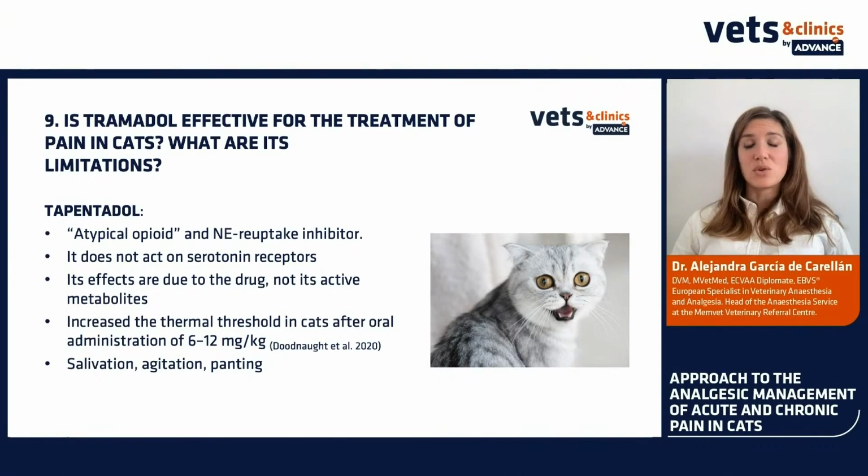It increases the thermal threshold in cats after oral administration, and the dose is higher than Tramadol. So it's another option that is getting explored. It also causes salivation, agitation, and panting, like Tramadol can. But it's another tool and a newer drug to try.